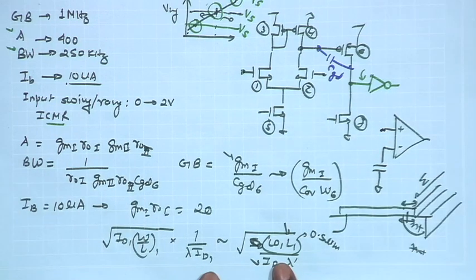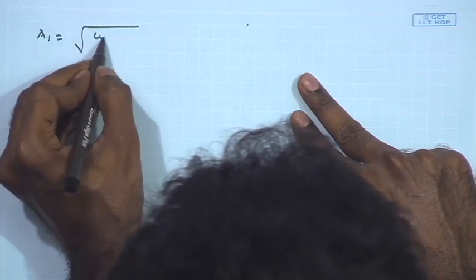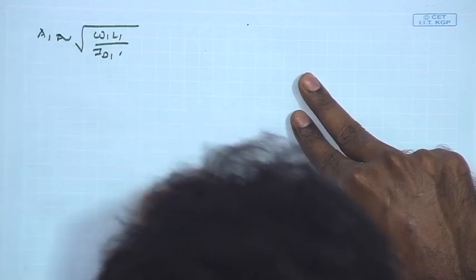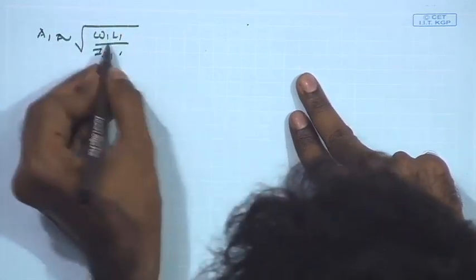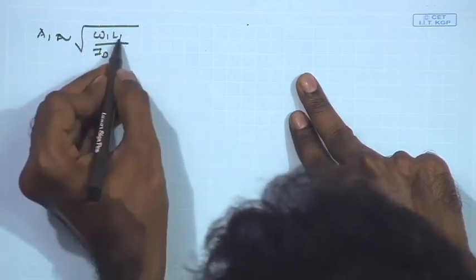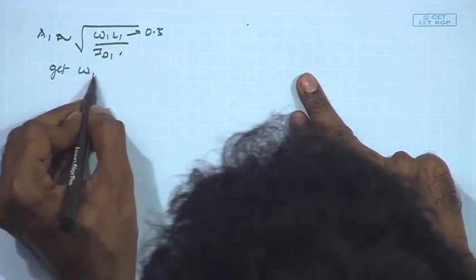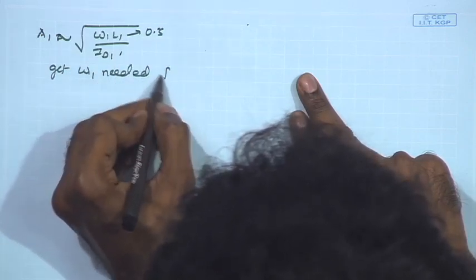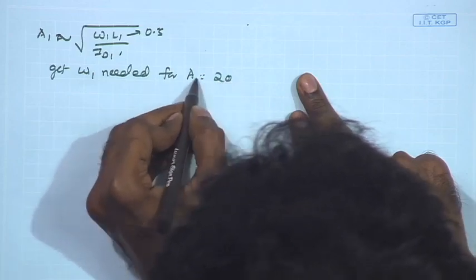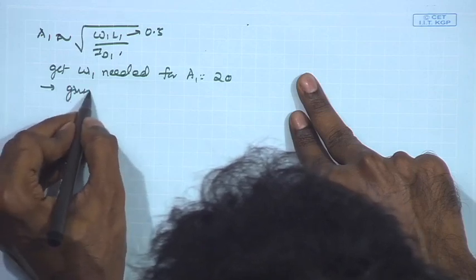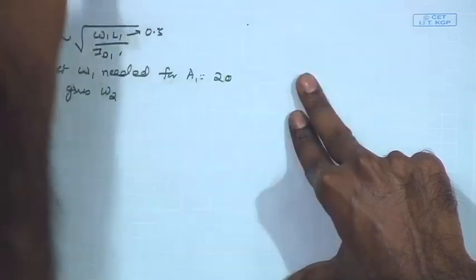Now, the next thing is A1, which is proportional to root under W1 L1 upon ID1. So, once I have determined the W1 required for a selected 0.5 micro channel length, to get A1 of 20, this also gives the W2 for the input stage.